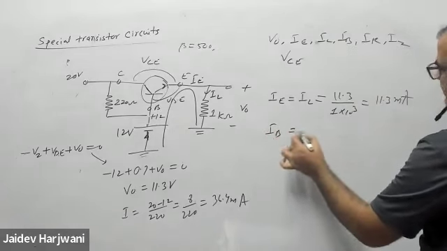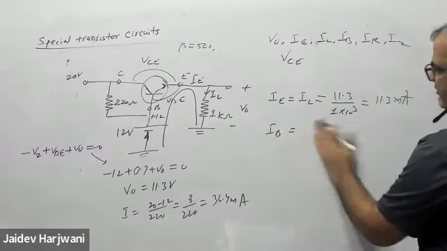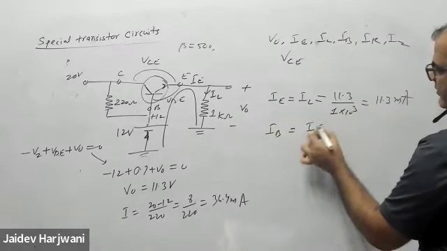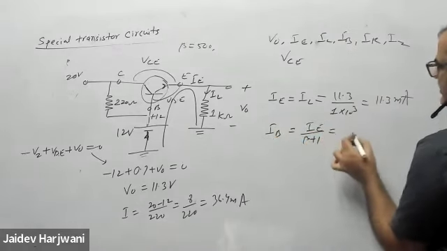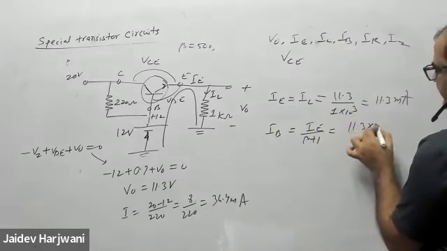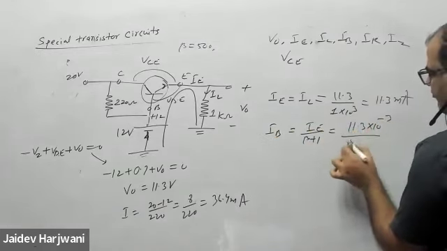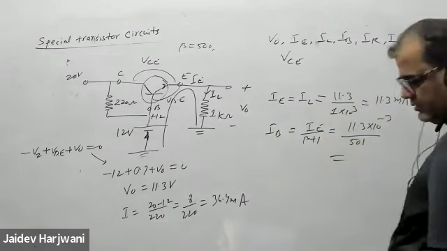IB will be IE divided by beta plus 1, so 11.3 milliampere divided by 501.